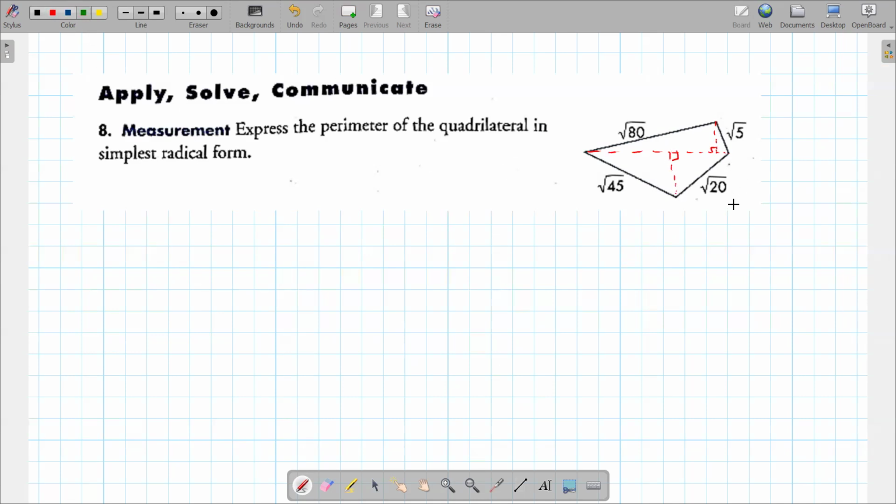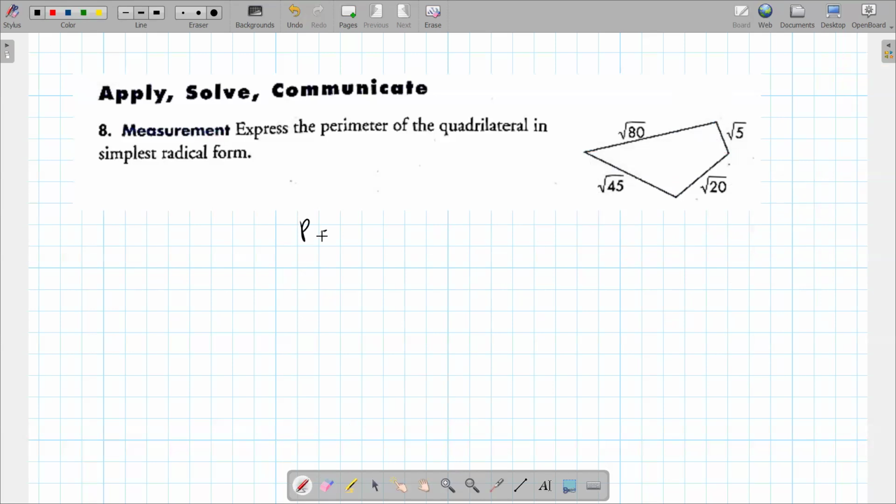Let me think what you could possibly use. You can do this using SOHCAHTOA, I think. You have to do it a few times because you have two right angle triangles. You can probably use SOHCAHTOA to find the height and find the distance and find the area. But here we're only asked the perimeter, so we don't have to worry about the area.